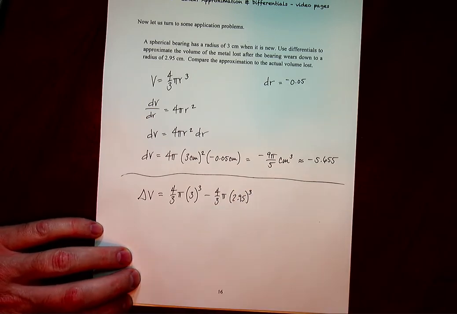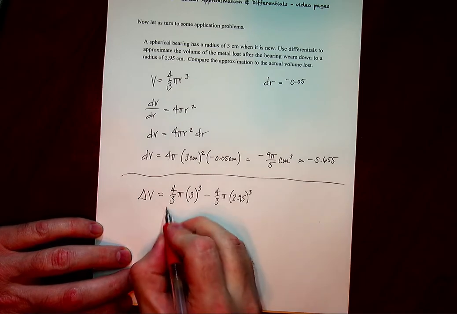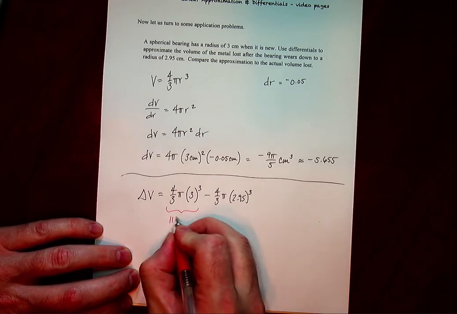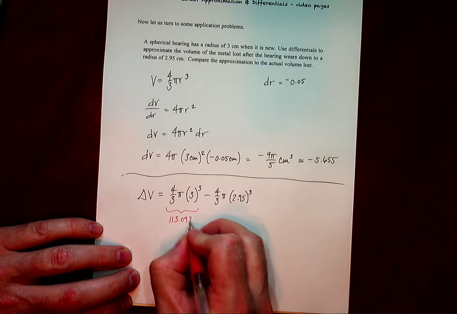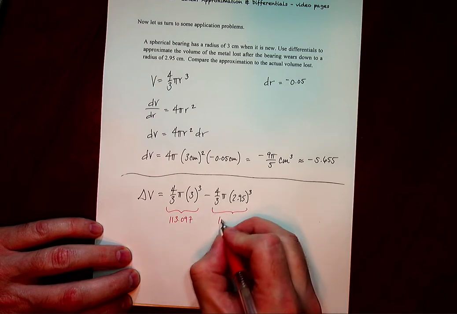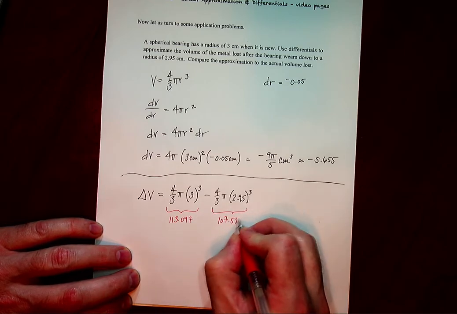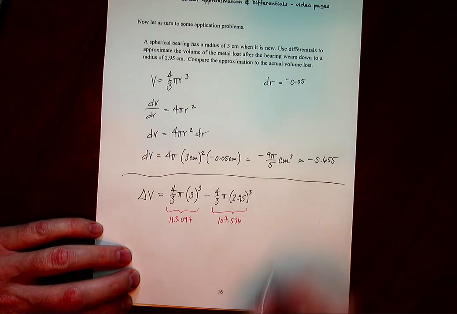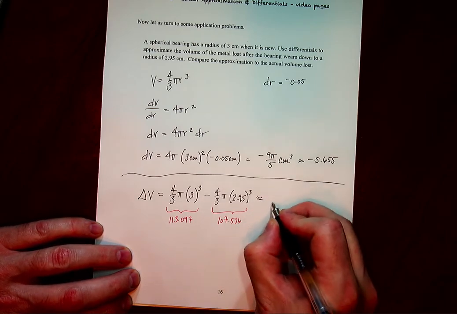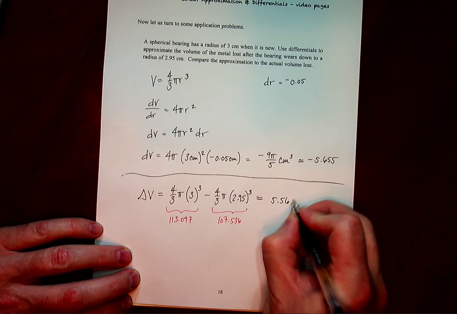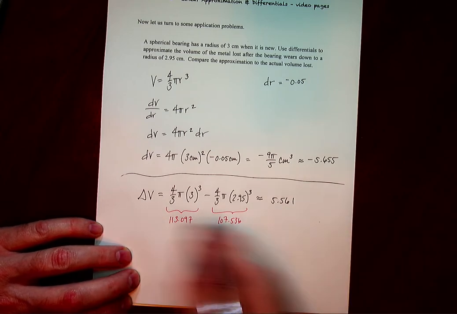Now, this right here is approximately 113.097. This right here is approximately 107.536. When you actually do the subtraction, you're going to get 5.561.